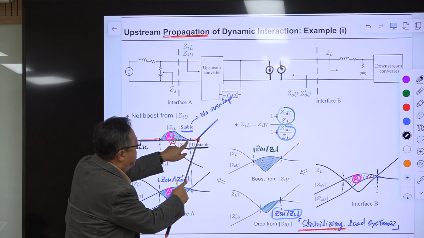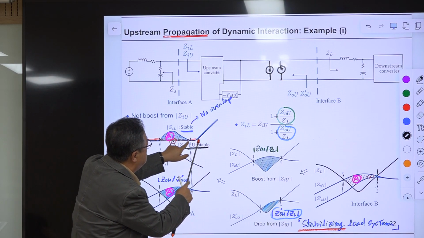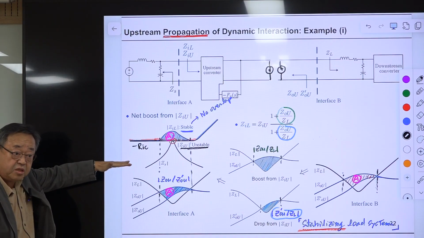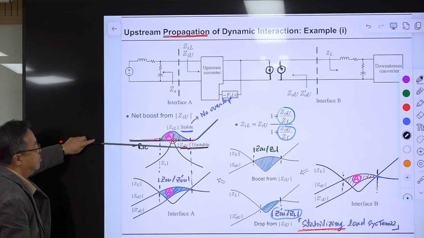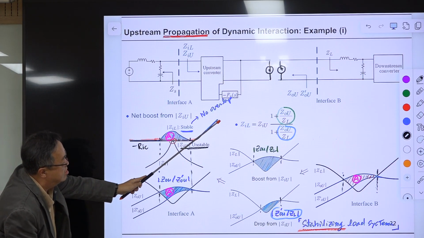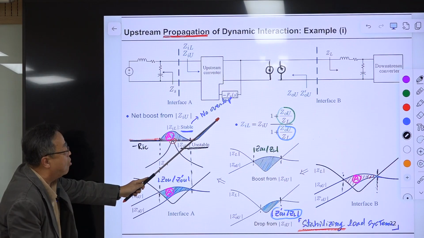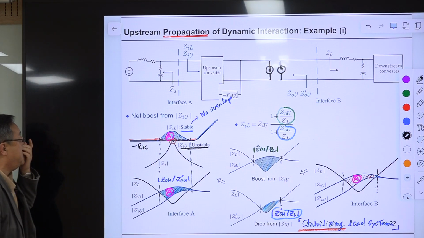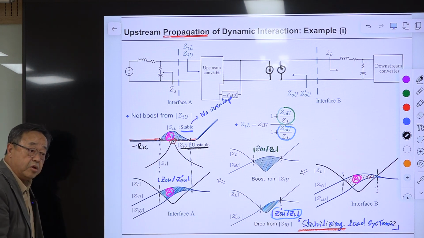There is just some drop at the loop gain crossover frequency of this converter, but it's not shown here. That can be minimized with some control scheme. So this is the minus R, and this is the plus 1 slope. Actually, the inductive behavior is appearing. The slope is actually determined by the inductance of the upstream converter.